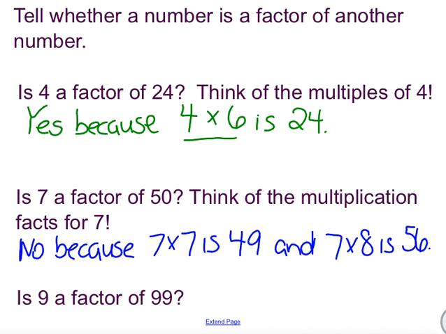All right, so let's try the next one. Is 9 a factor of 99? Okay. So again, we're thinking of the 9 times tables. And 9 times 10 is 90. 9 times 11 is 99. Bingo. So 9 is a factor of 99. And we'll say yes. Oops, that was supposed to be a 9.